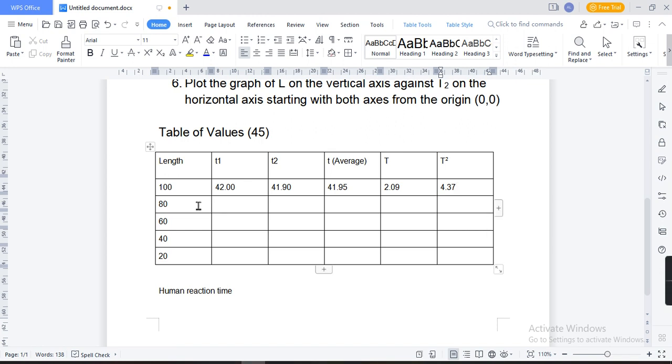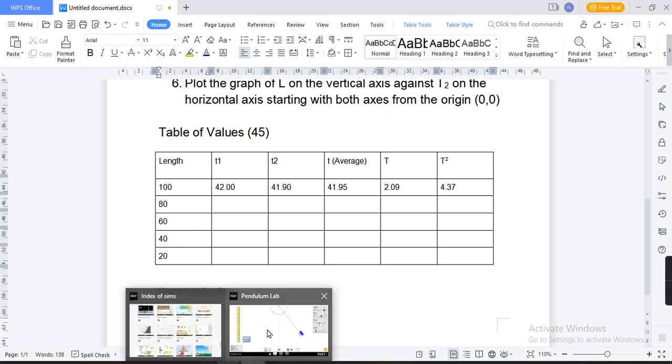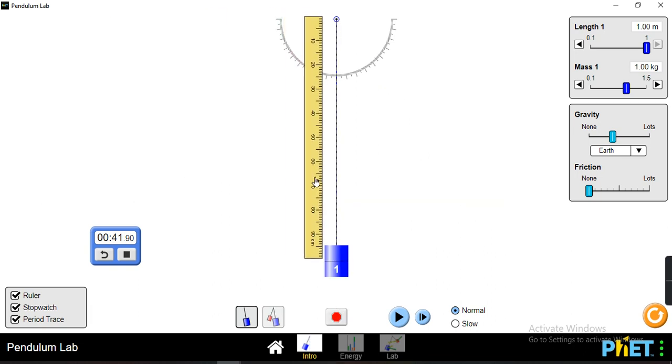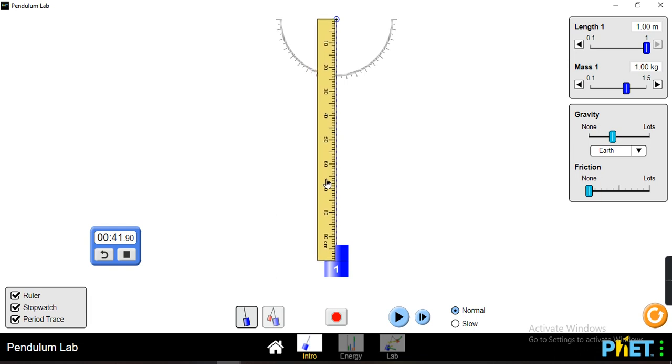So I'm going to repeat the same thing for lengths 80, 60, 40 and 20, as it is in the procedure. This time, this is length 80. I'll use my meter rule, come over here to length, and push this blue button until I get 80.